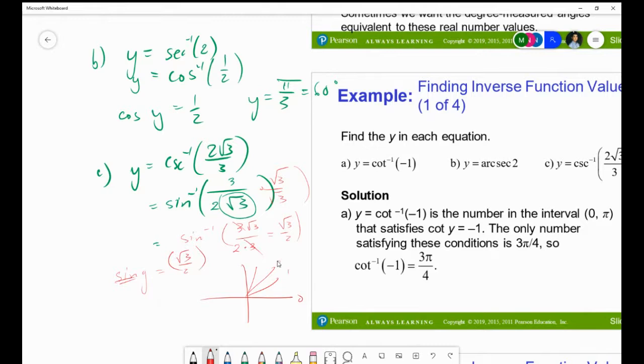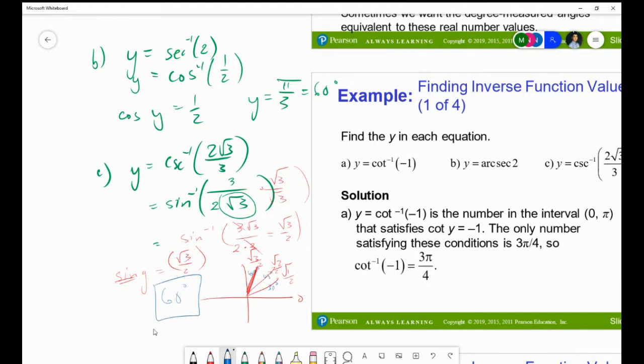What angle is this? You remember this? 30, 45, 60.